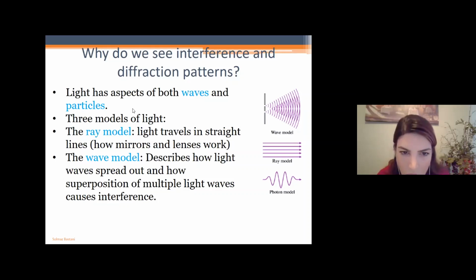Okay, now I see one. Force carrier of electromagnetic force. Photons are packets of energy that propagate like a wave. Okay. One more minute. Hurry up. The photon model describes light as a collection.